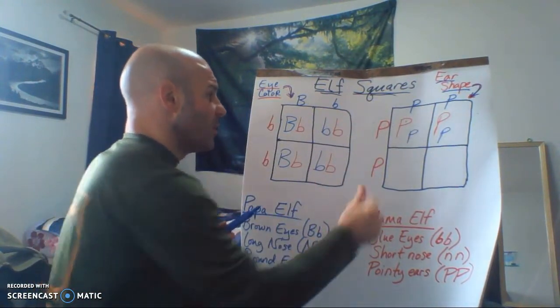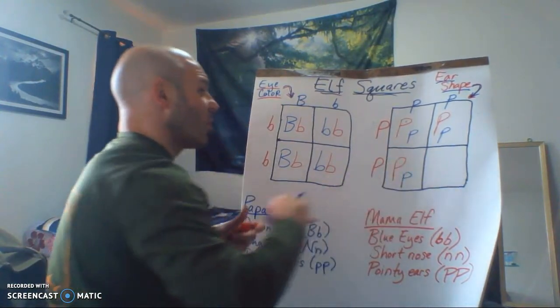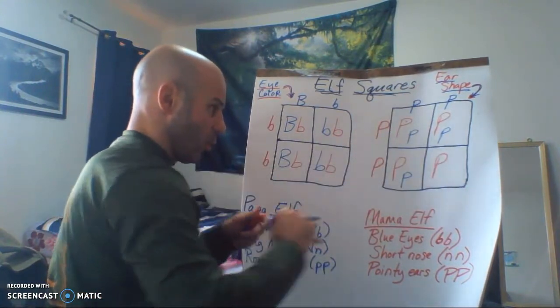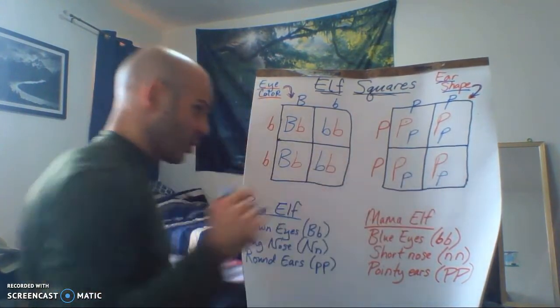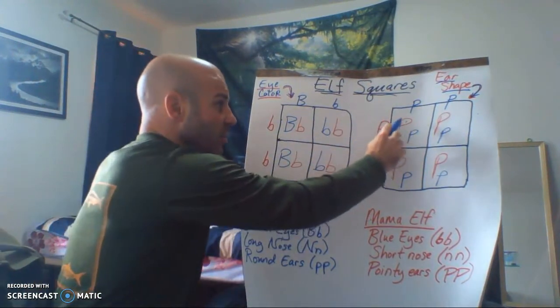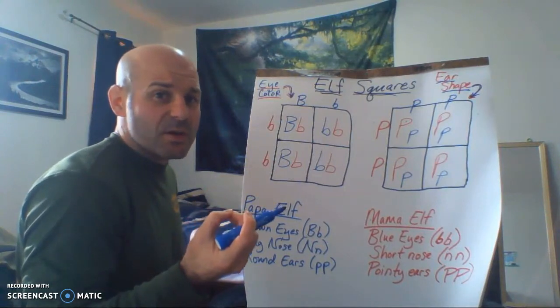So when we combine them, we get the same outcome on all four squares, one capital P, one lowercase p. So the question is, now that we know the alleles that the offspring will get, what kind of ears will they have?